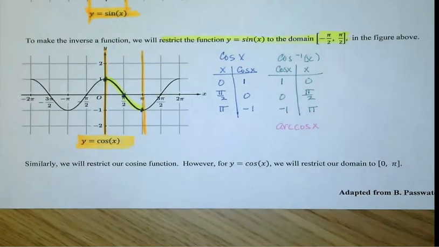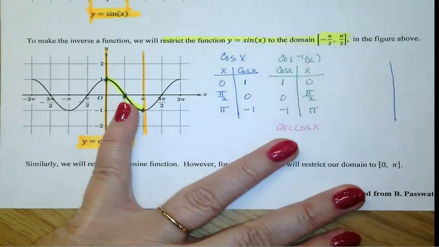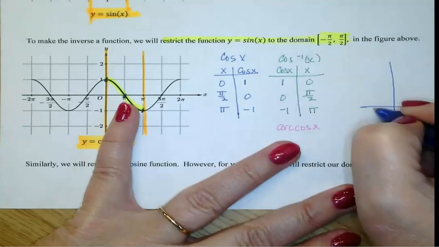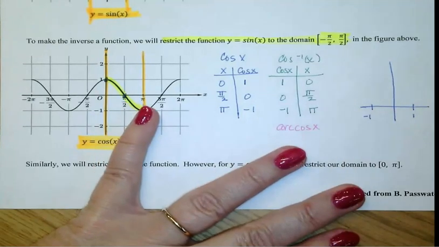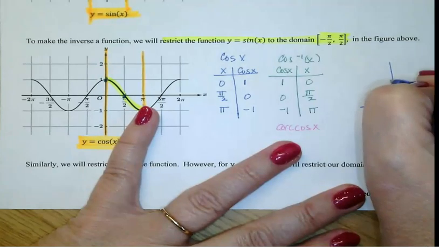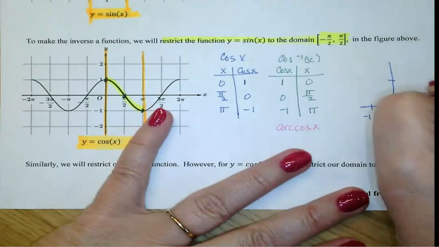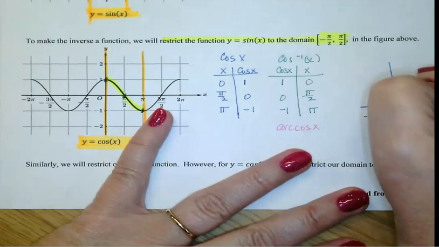So do pay attention to that. And now we're going to set up our graph. So we're going to come over here and we're going to have values at 1 and at -1 and 0. And then we're going to have values at pi over 2, pi. Okay. And so pi over 2 and pi.